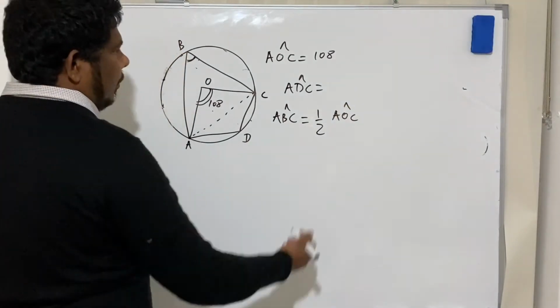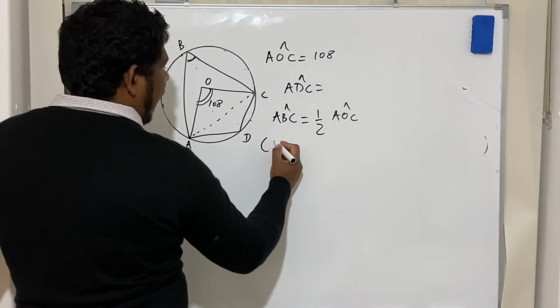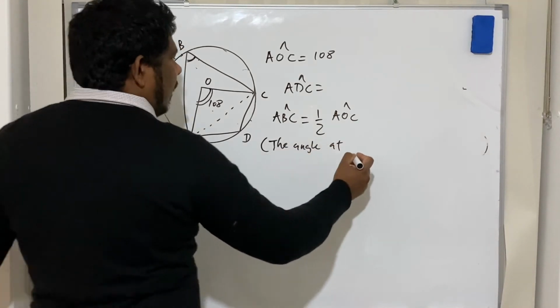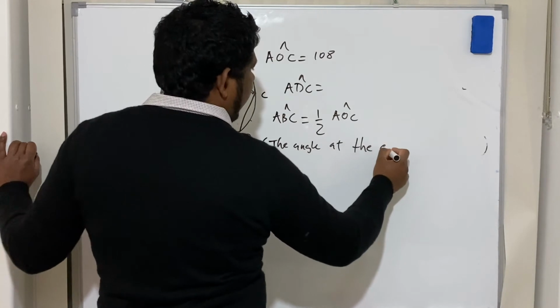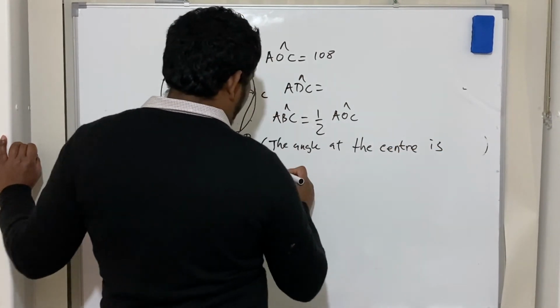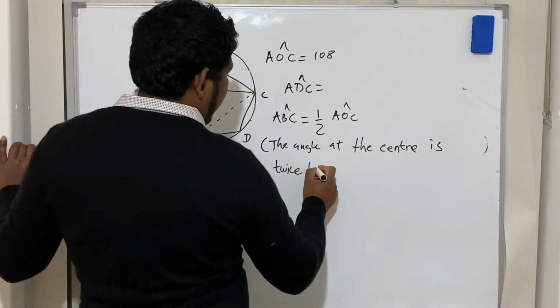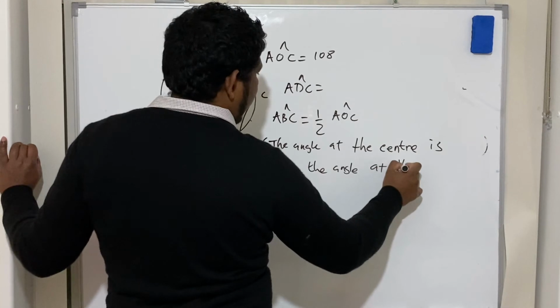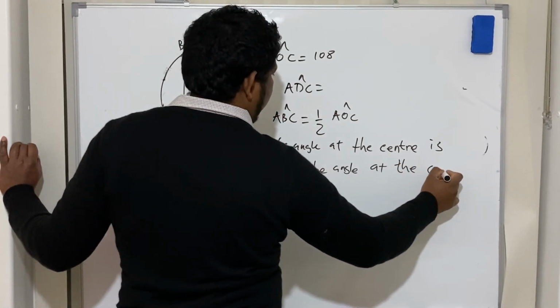So you can say the angle at the center is twice the angle at the circumference.